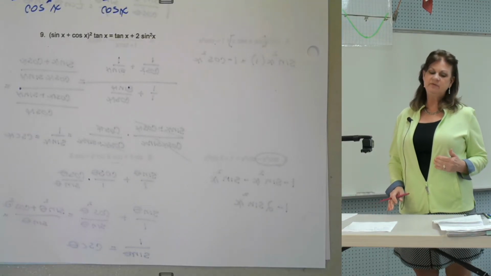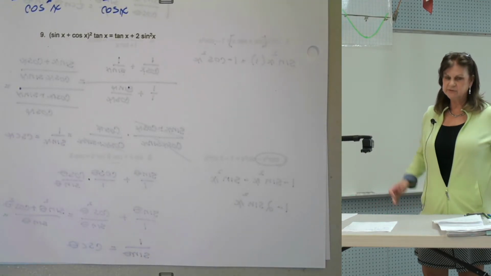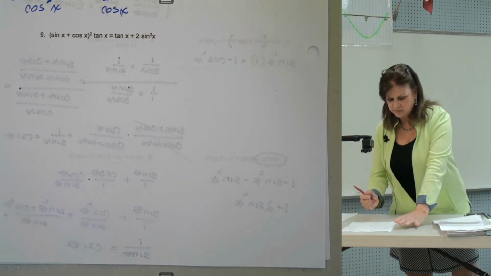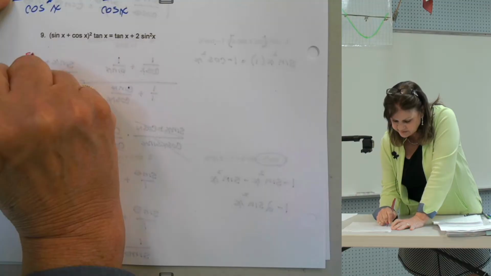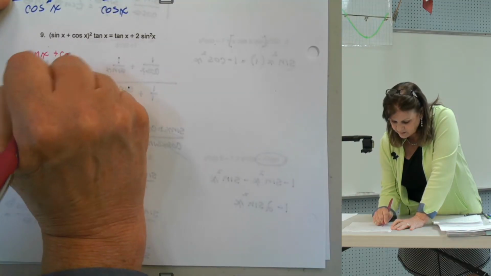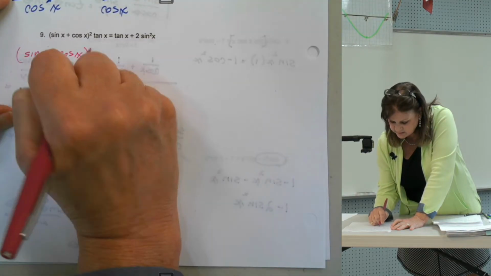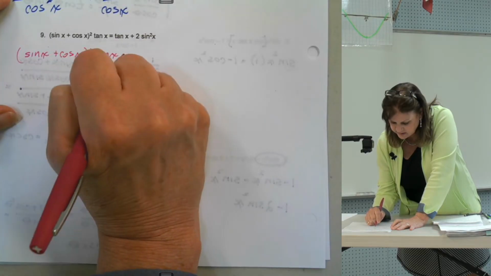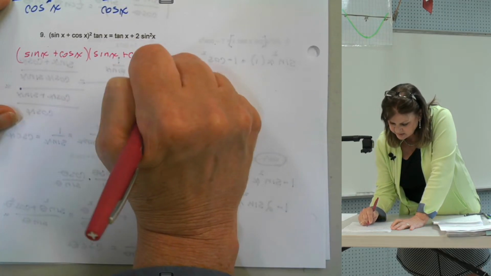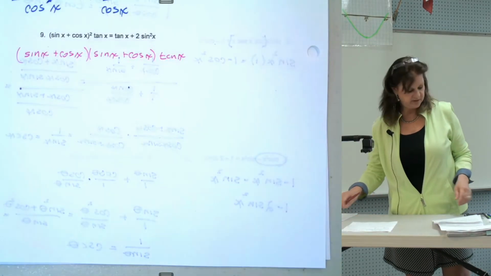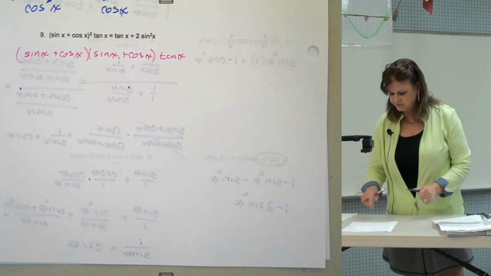So again, even if you don't know where to go, just start mathing. Let's just start squaring sine plus cosine. So I have sine x plus cosine x times sine x plus cosine x times tan x. That's where this pen's not showing up very well. I'm going to shift colors.